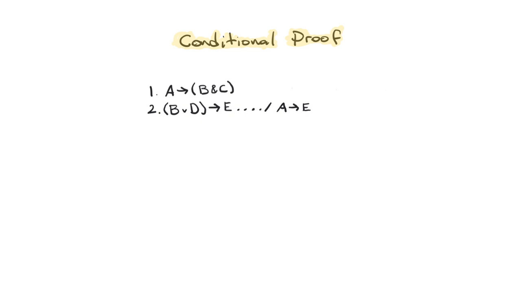And we're going to call out that assumption by shifting over and saying that our third line is shifted over because we're making an assumption. And that assumption is going to be the antecedent of the conclusion's conditional. So we're going to assume A, right? That's the antecedent of this whole conditional.